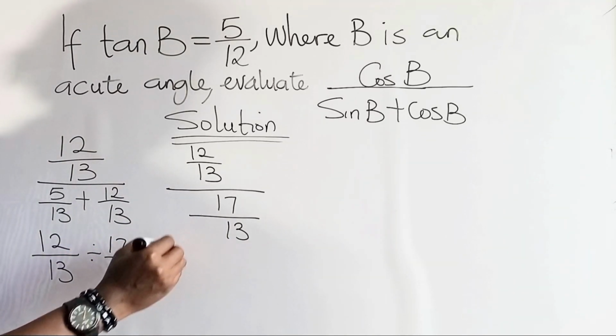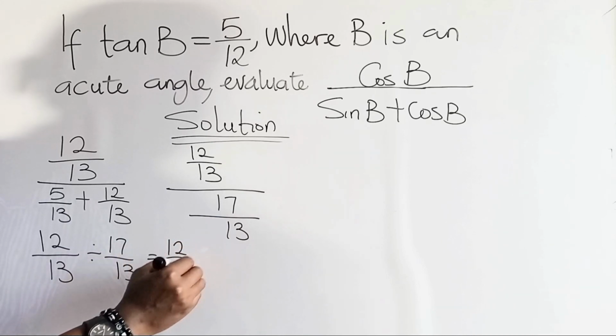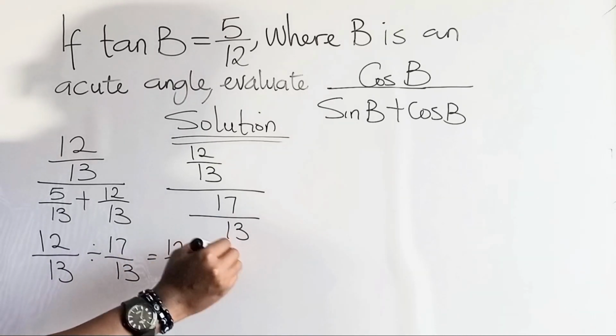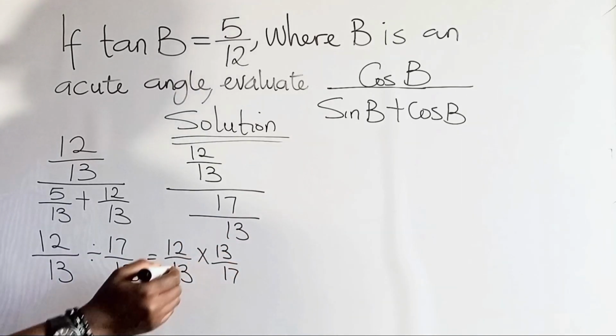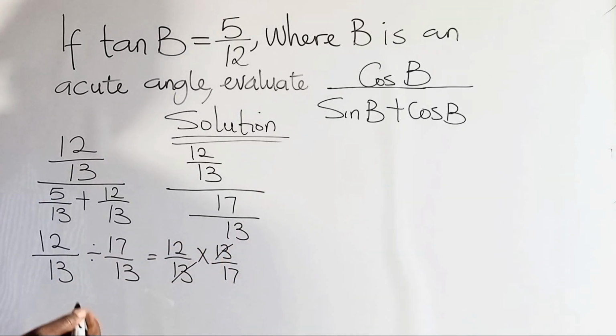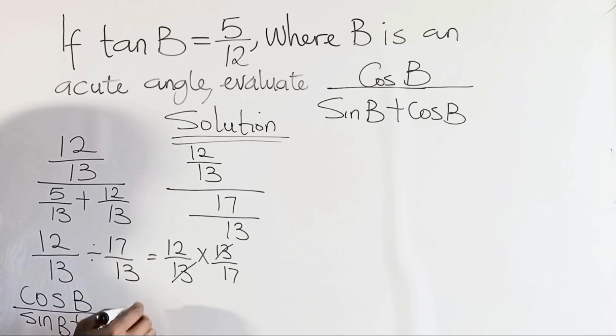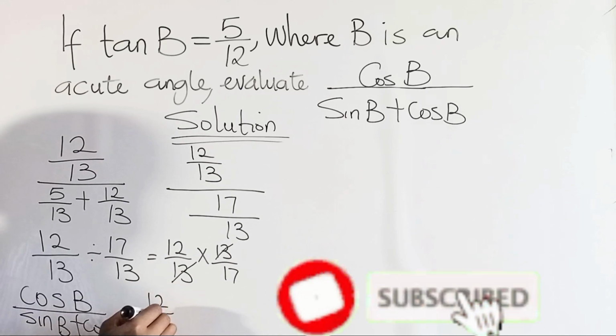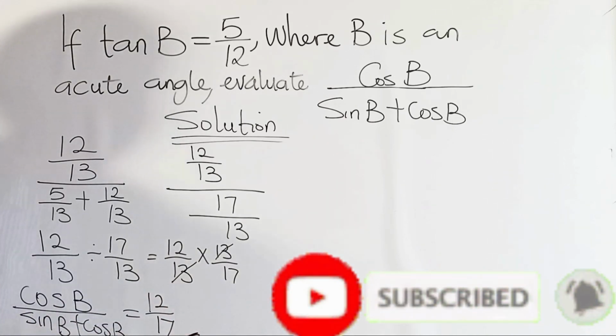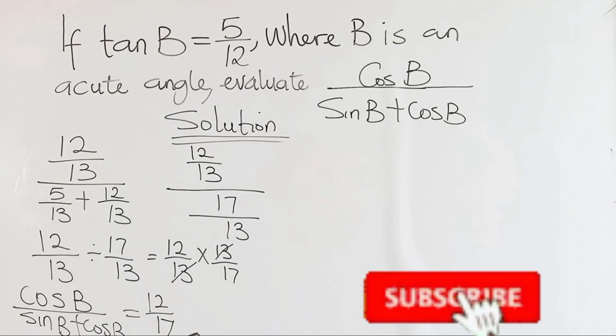So this gives us 12 all over 13 times 13 all over 17. This 13 will divide 13 to give us 1. So therefore, when we evaluate cos B all over sine B plus cos B, our answer equals 12 all over 17.